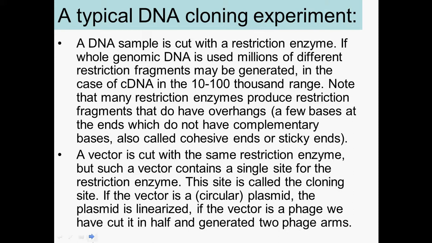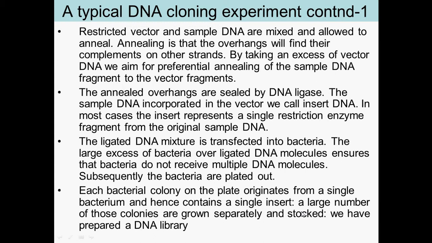We'll see that slide later on. And in a plasmid, if it's circular, it'll make a single cut, and then it'll go from circular to linear. If it's a phage, which is already linear, and you make a cut, you get two fragments, two arms.